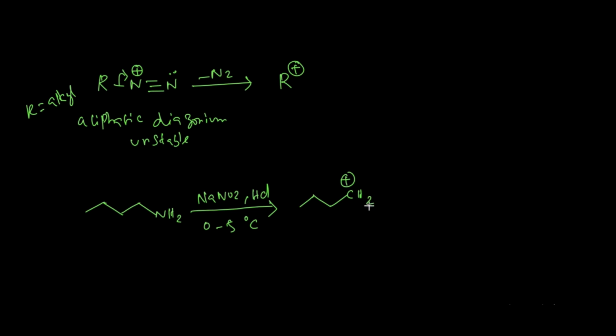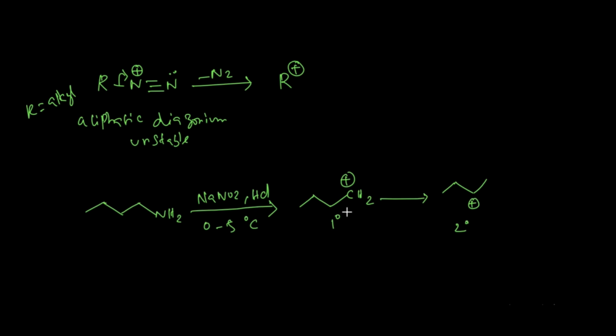And this butyl carbocation may rearrange. You see, this is the primary carbocation. Understand? And it may rearrange like this. This is a secondary carbocation.